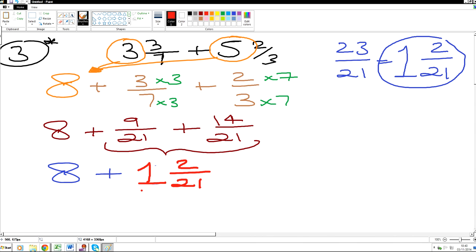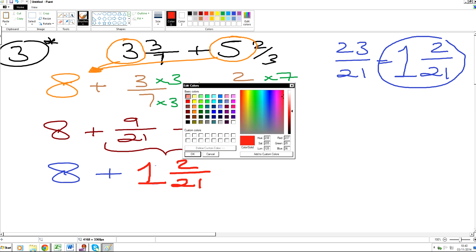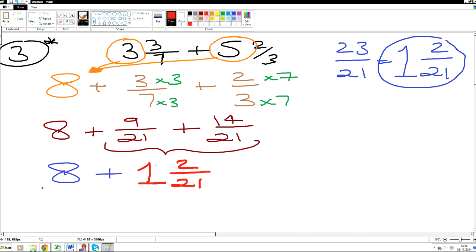So far it's been nice and quick and nice and easy, with a little bit of addition of whole numbers. Now, how do we finish it off? Fahmi, can you finish off for me, please? Do you do 8 plus 1? So we leave the 2 over 21, but do 8 plus 1 equals 9. So 8 add 1 and 2 21sts gives 9 and 2 over 21. Simple.